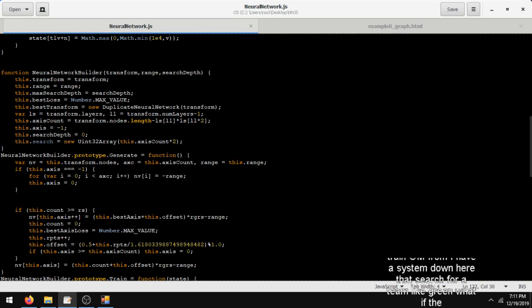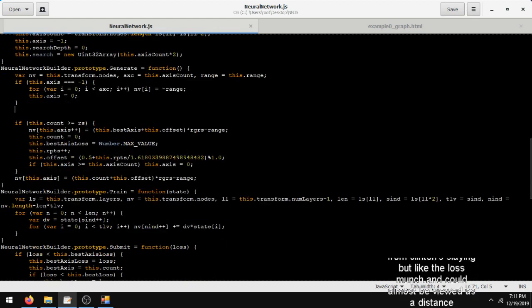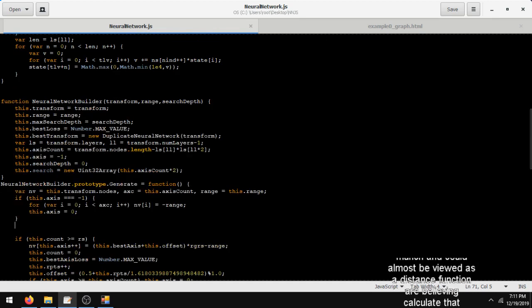What I've been thinking about though is that this can almost be thought of like a distance function. It's hard to explain, but the loss function could almost be viewed as a distance function, I believe, and you can calculate the derivative.